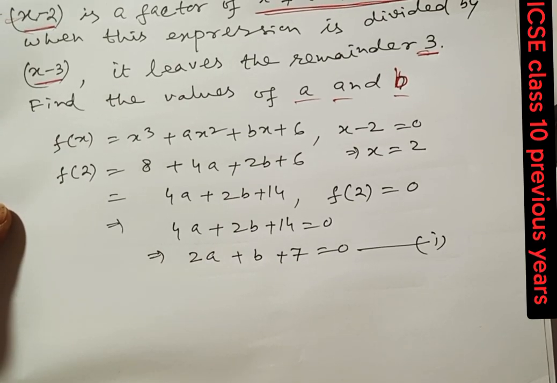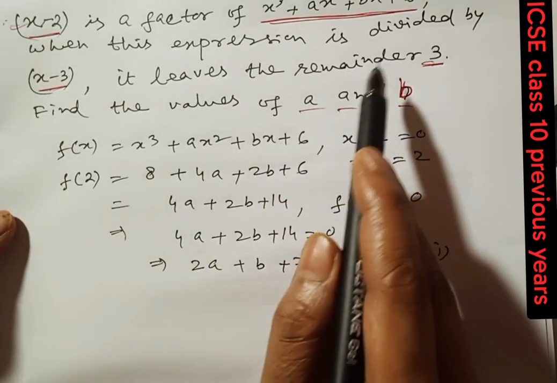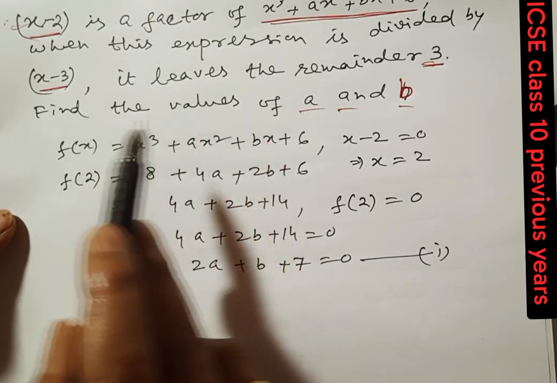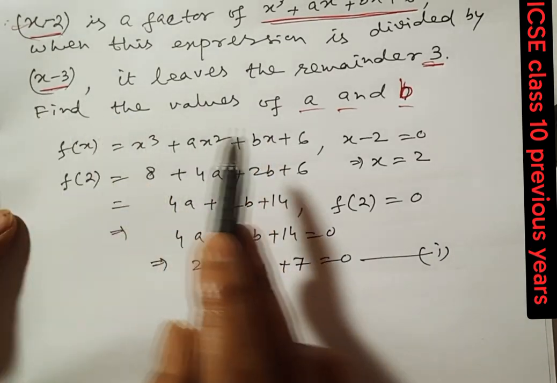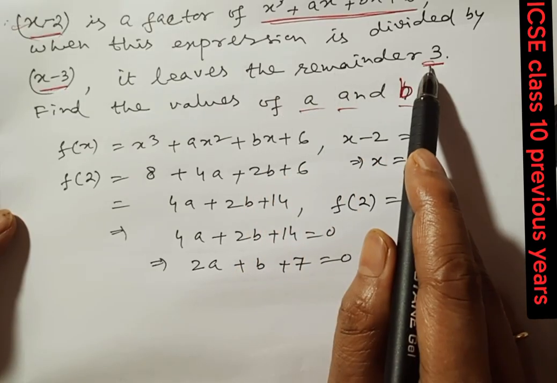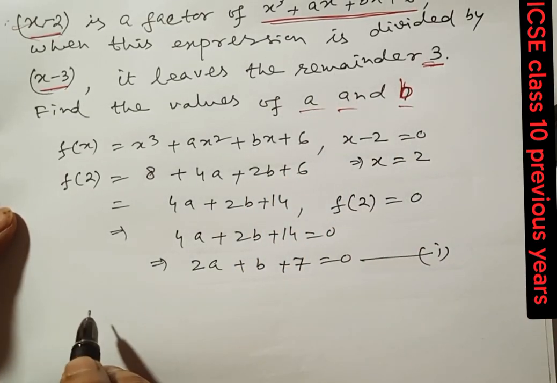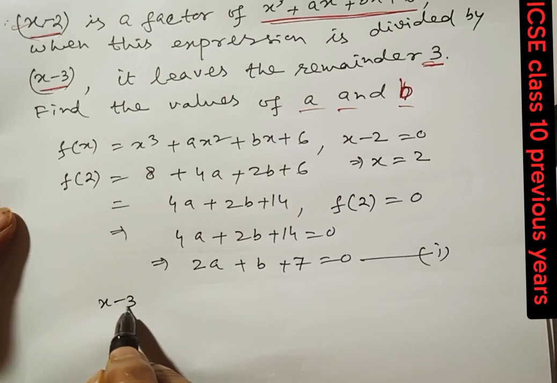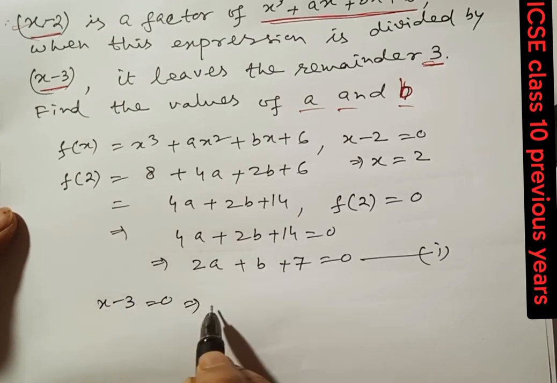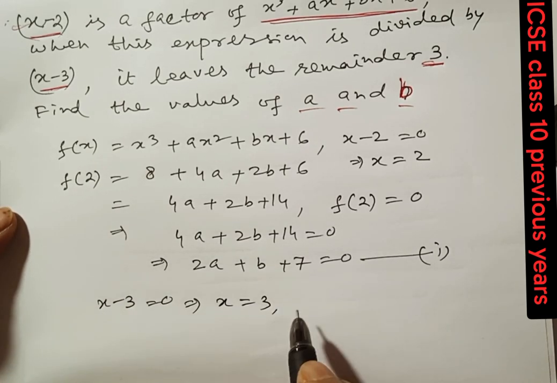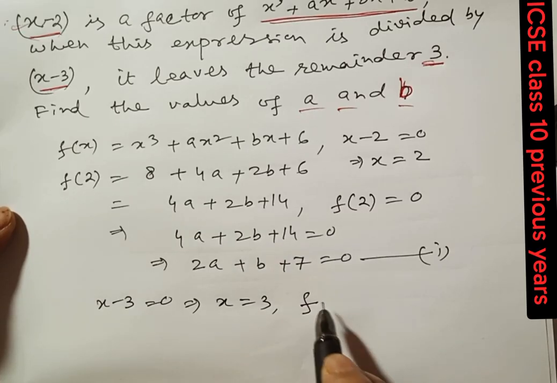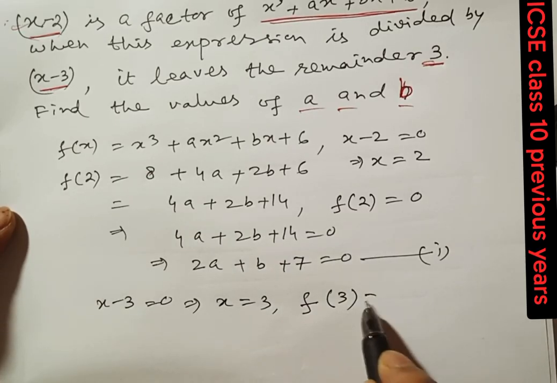And we get another equation from here: the polynomial when divided by x minus 3 leaves remainder 3. So x minus 3 equal to 0, x equal to 3. So the remainder will be f(3) equal to 3.